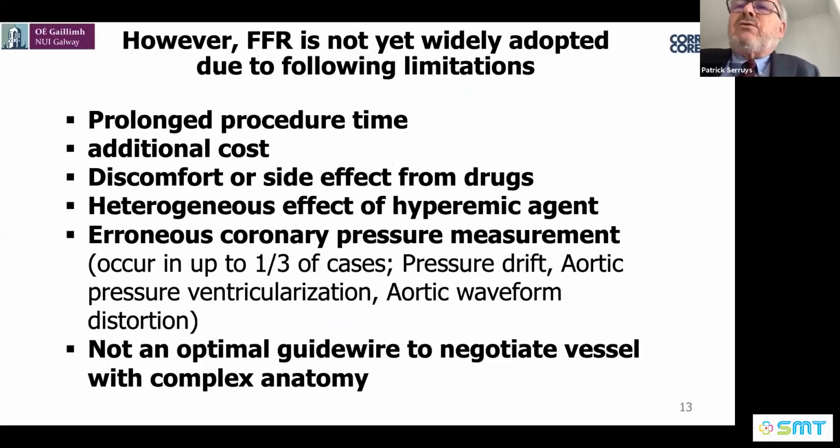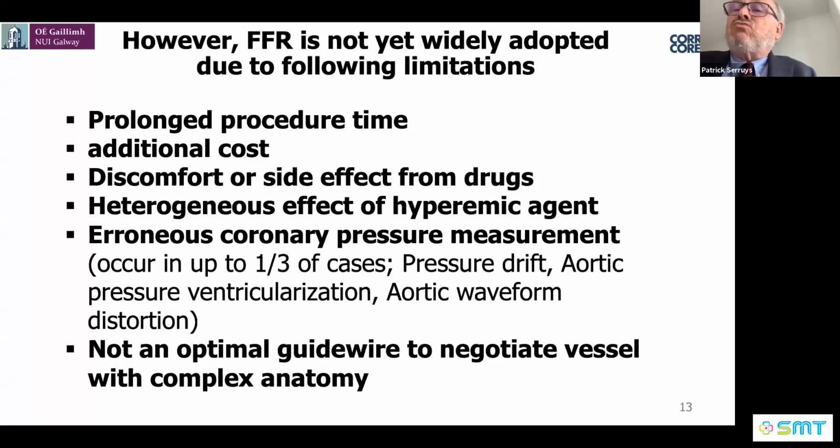Now, that was for the past. Why is the FFR not widely adopted? There are the following limitations: prolonged procedure time, additional cost, discomfort or side effects from drugs such as adenosine, heterogeneous effect of the hyperemic agent. Initially we used papaverine, adenosine, and there are other analogs. And then there are some mistakes in the pressure measurement.